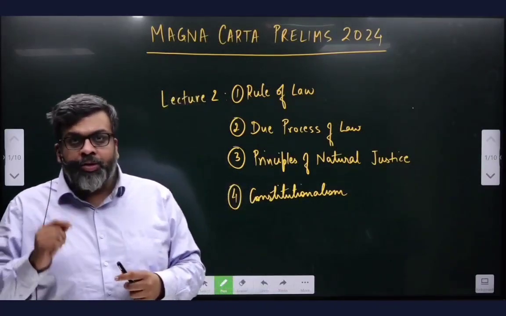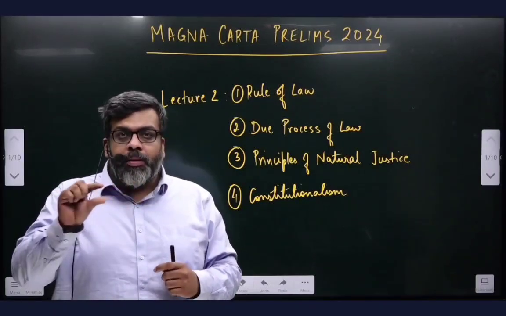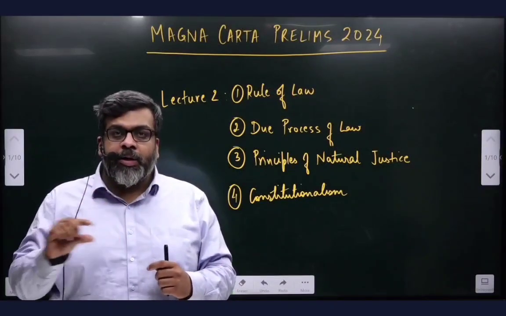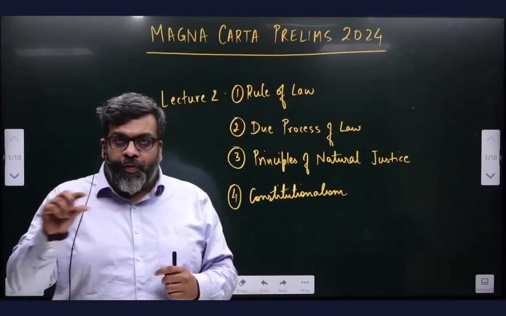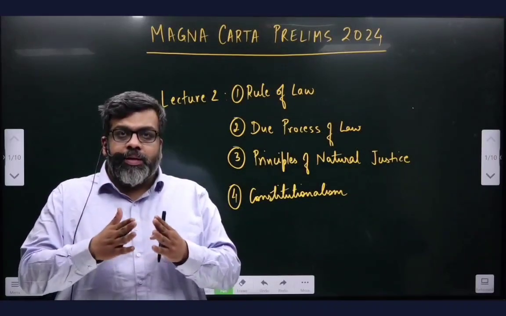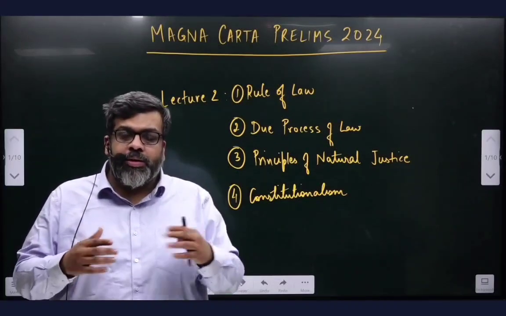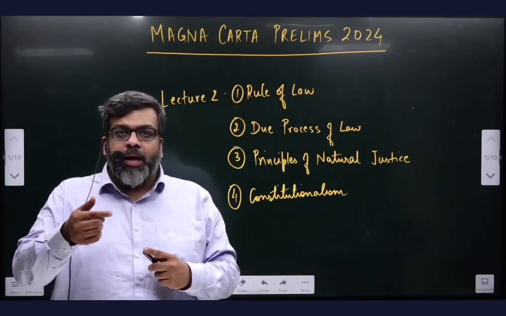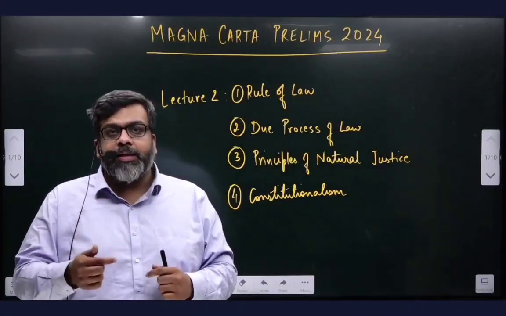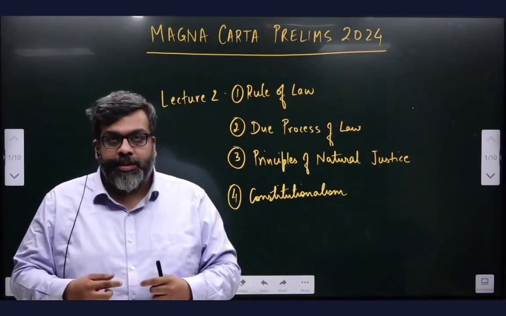But lecture number 2 is not just about these 4 commonly occurring headline topics. These will have several related concepts, theories, and underlying ideas that are very, very important for the prelims exam.